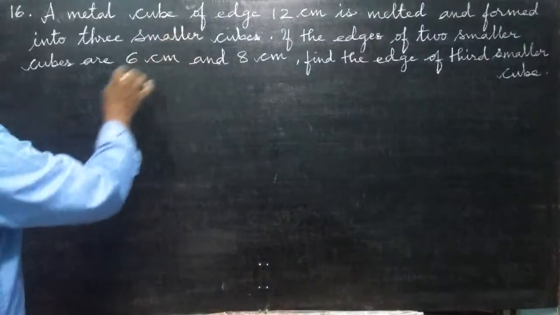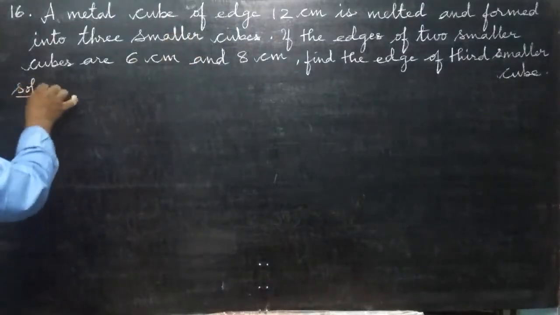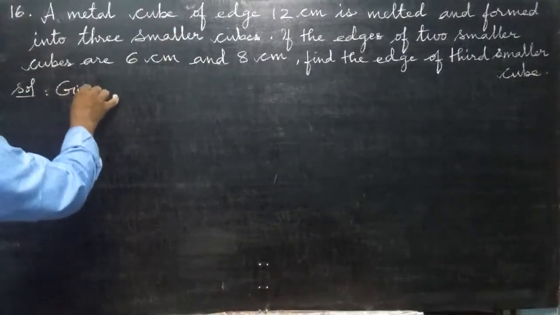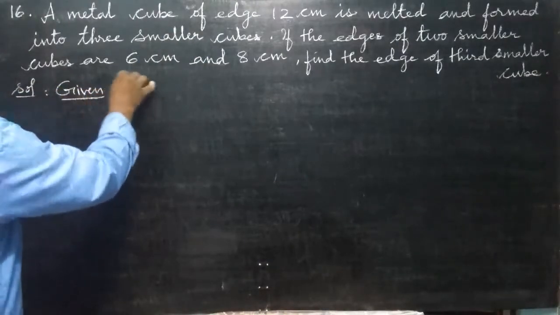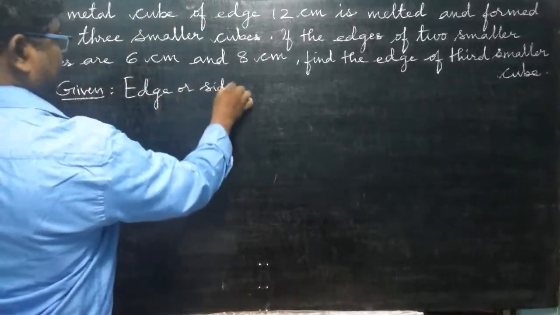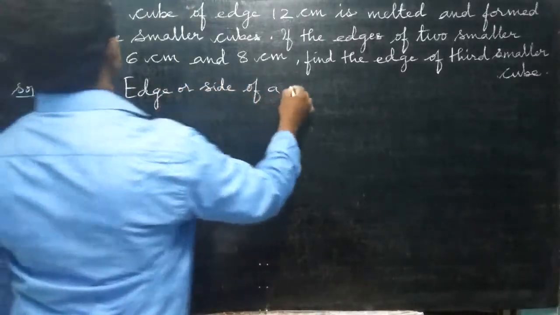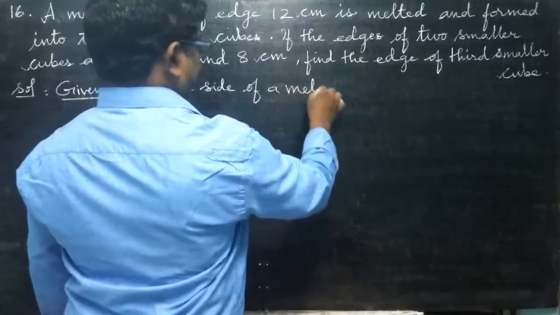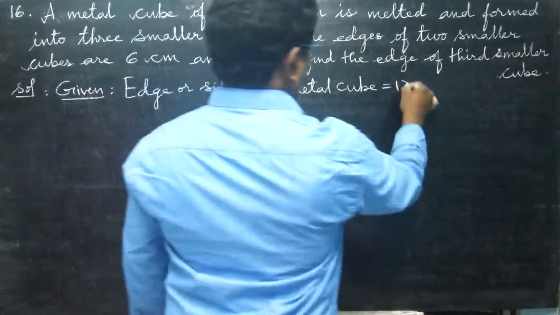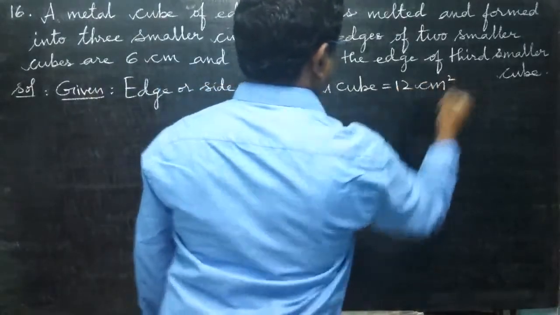Now they have given the solution. Edge or side, the meaning is edge or side of a metal cube. Metal cube is equal to 12 centimeters.